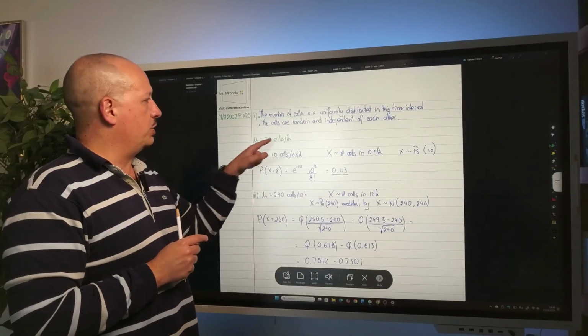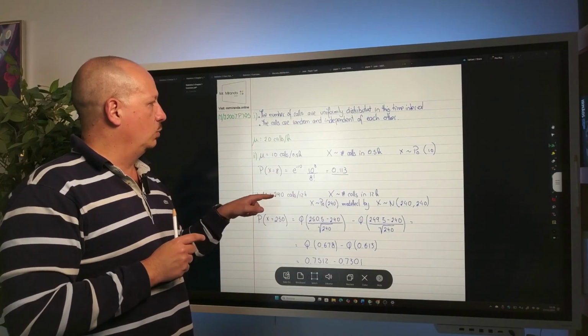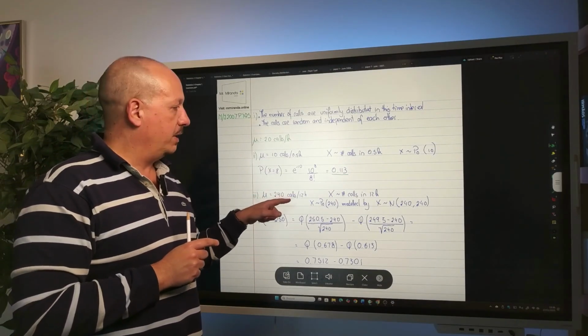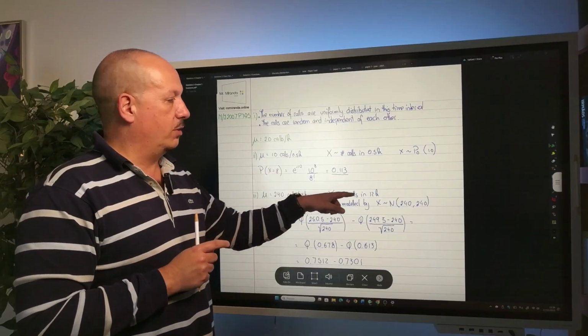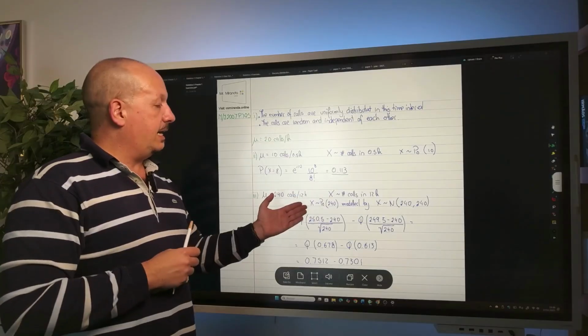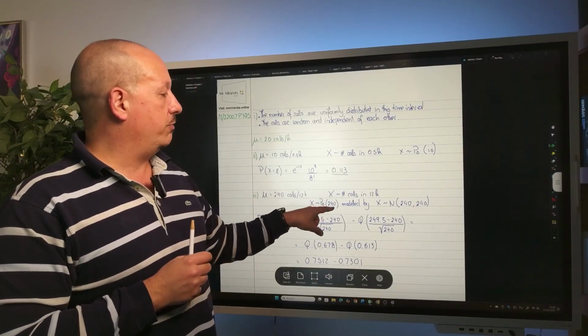If you have 20 calls per hour, in a period of 12 hours, you'll have a total of 240 calls, right? If X is the number of calls in the 12 hours, that's how the question is made, then X can be modeled by the Poisson with parameter 240.